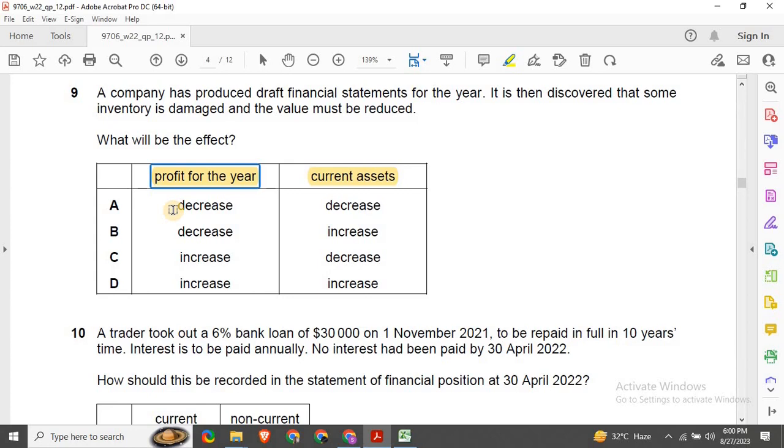So that means my cost of sales will be more and my profit would be less. In that case, profit will decrease. So this is my correct option. Now what will happen to my current assets? In this case, current asset will also decrease, because we include closing inventory in current assets. So the correct option is A.